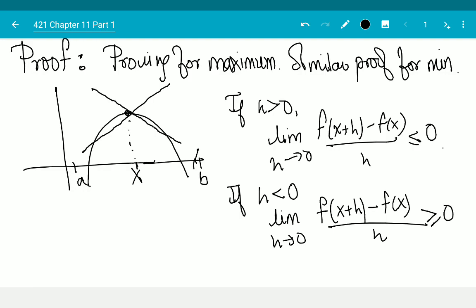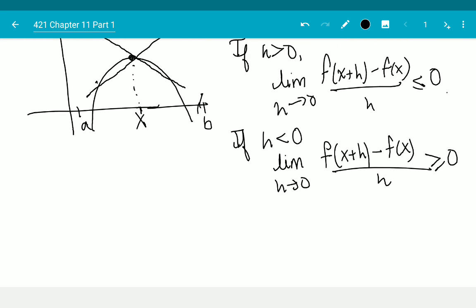Because now I'm taking some point smaller and then going up. But the derivative exists. Therefore, the limit as h goes to 0 from h smaller than 0 should be equal to the limit as h goes to 0 from h greater than 0.